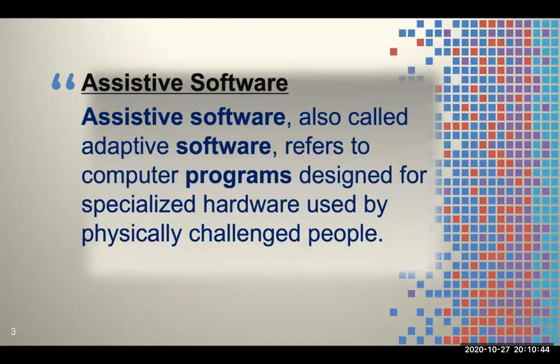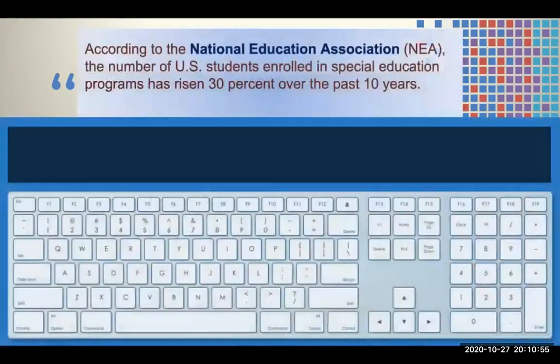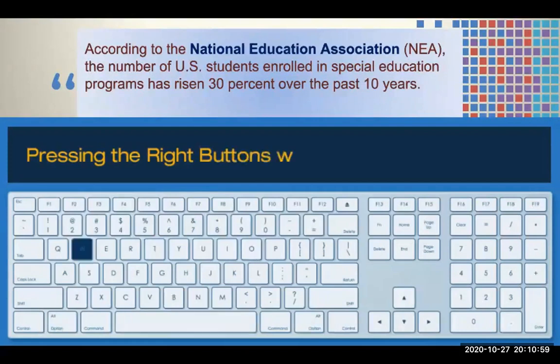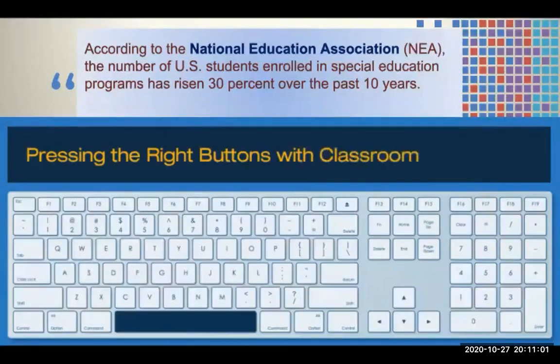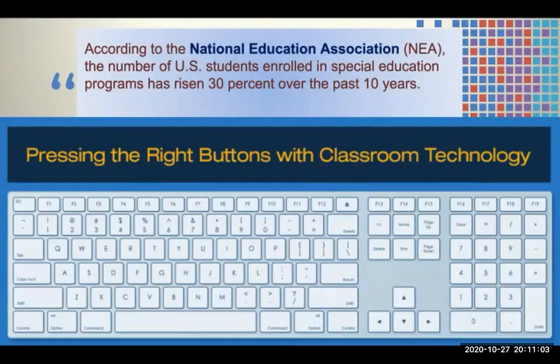Sometimes they are unable to hear, sometimes unable to speak, and sometimes you find special students who are unable to see. So how can we talk to them and teach them? According to the National Education Association, the number of US students enrolled in special education programs has risen 30% over the past 10 years.